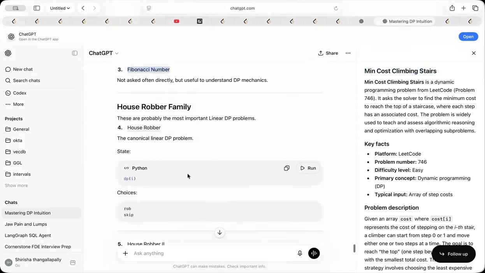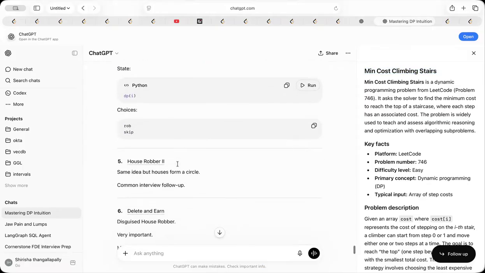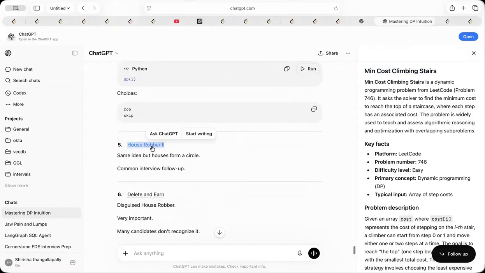Next, House Robber, and then House Robber 2. What is House Robber?